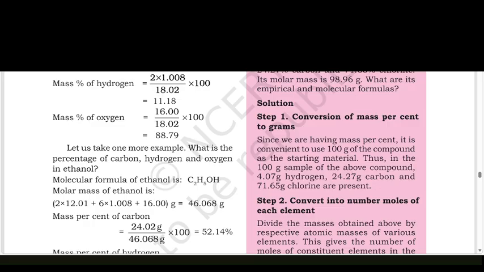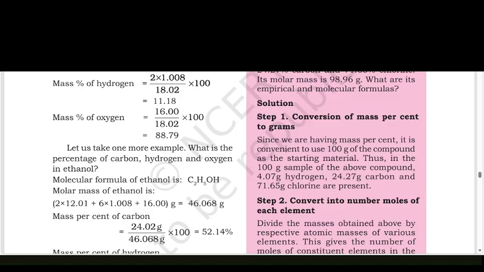Okay, we can just convert percent into grams. So 4.07 gram hydrogen, 24.27 gram carbon, and 71.65 gram chlorine.